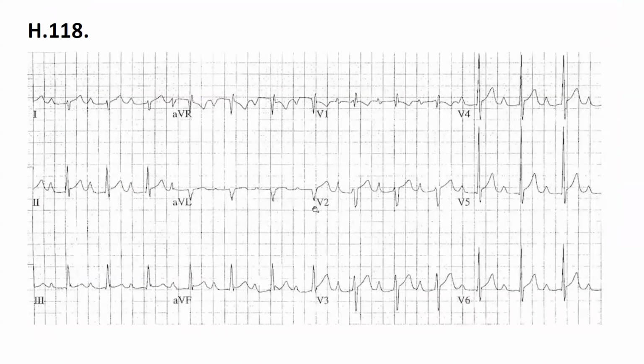Okay. Let's see. This tracing goes to Zoe, if I'm right. One second, let me find it as well. Okay. So looking at rhythmicity, I think it's rhythmic. So let me write that down. Then looking at the heart rate, it's a little bit less than 100, maybe around 75.